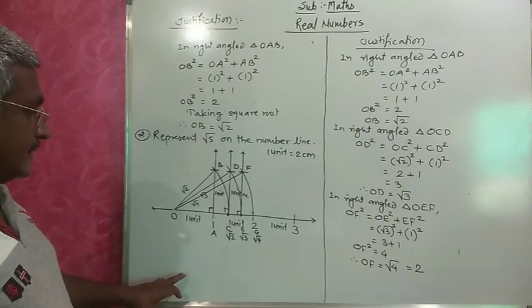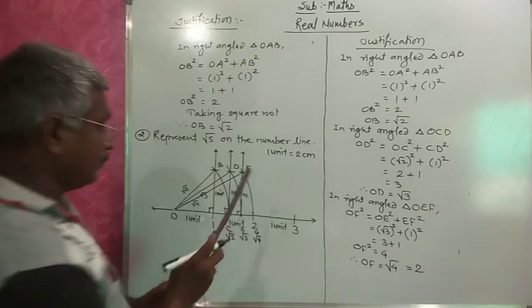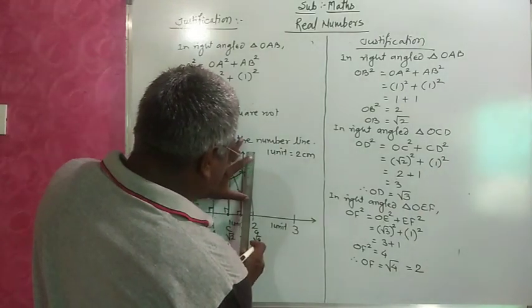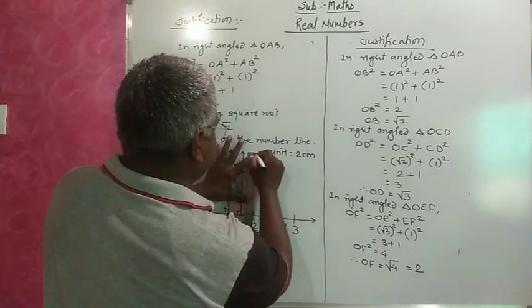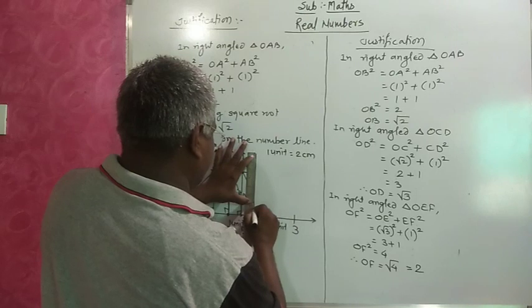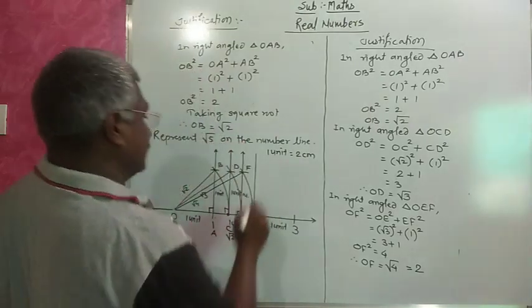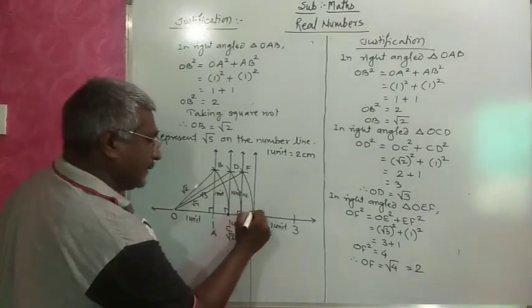Now what has to be represented? Root 5. Means again we have to continue. Here we have to draw again 90 degree at 2. In this way. It is also perpendicular.